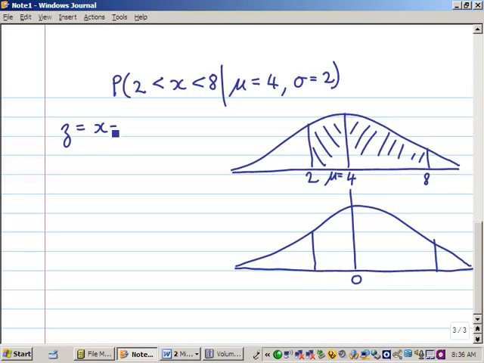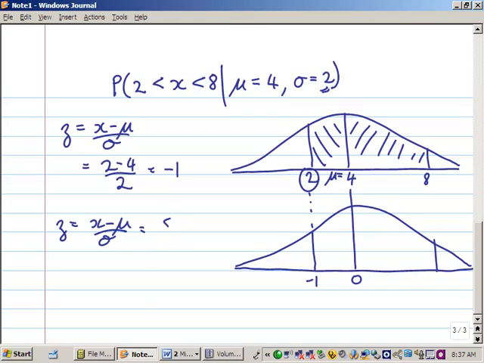So I'd use the formula x minus mu on sigma for the first limit of 2. Subtract 4, the mean, divide by the standard deviation of 2. We get an answer of minus 1, so minus 1 corresponds to the 2. And for the other limit, again x minus mu on sigma, the other limit is 8, minus the mean 4, divided by standard deviation 2, and that'll give us plus 2.